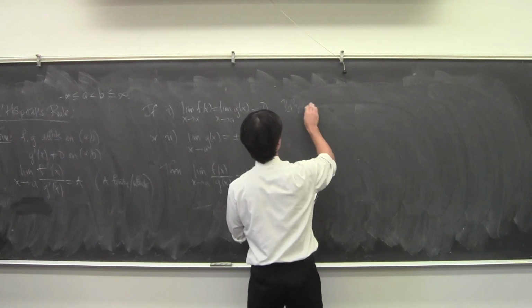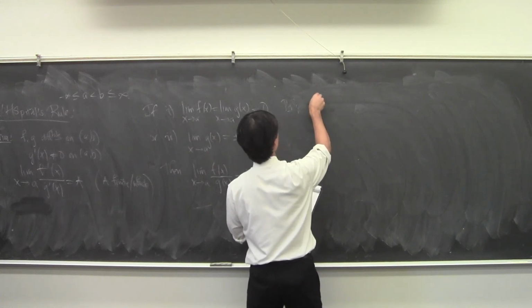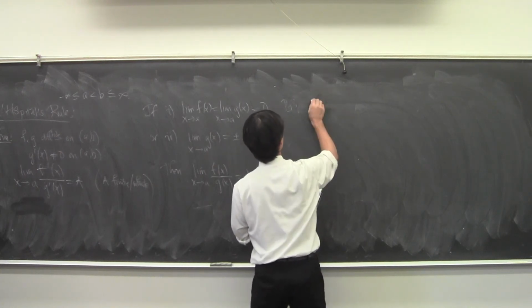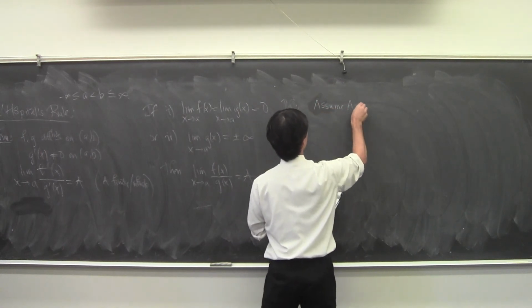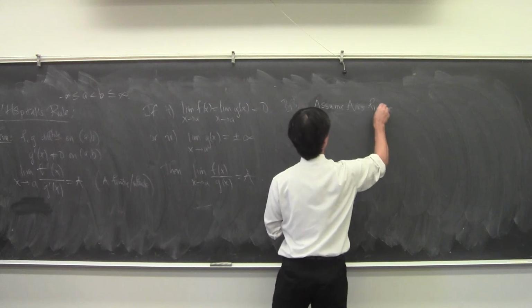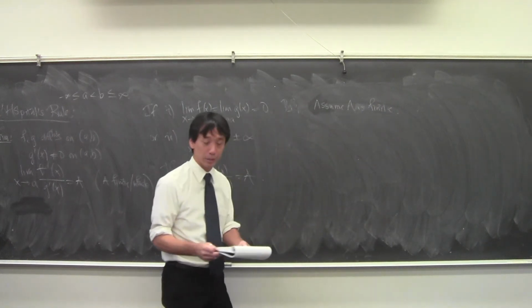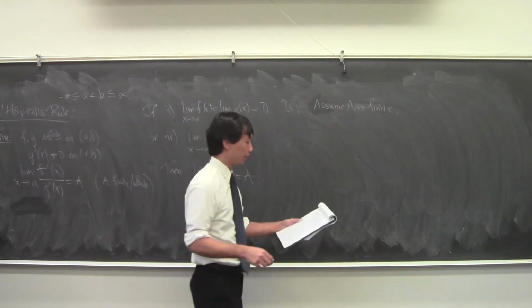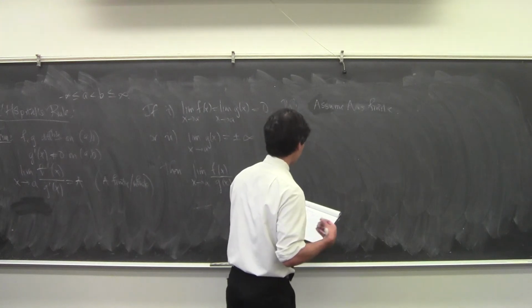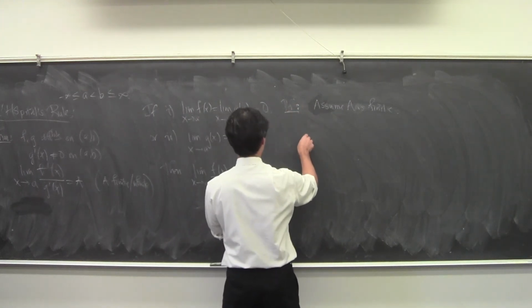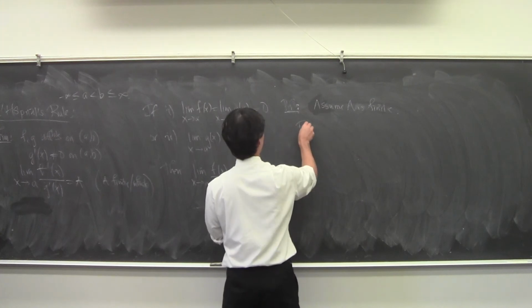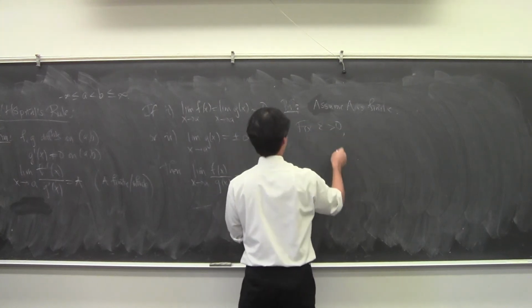So for simplicity, let's do the case where a is finite. Let's assume a is finite. And we'll use the generalized mean value theorem in both cases. So first off, fix epsilon greater than 0.